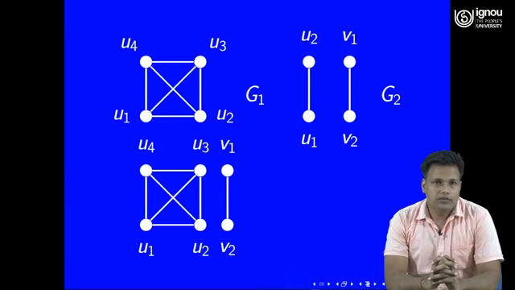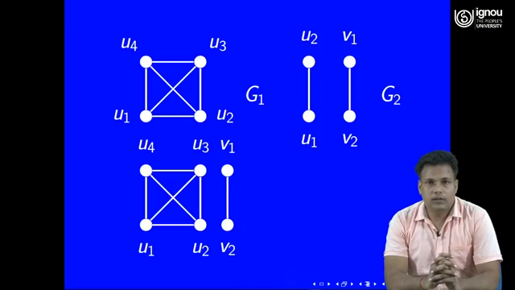Now the union of G1 and G2 is the graph shown below, which consists of G1 along with only one edge of G2, because you can see that the edge {u1, u2} appears in both G1 and G2, so that will occur only once in the union.